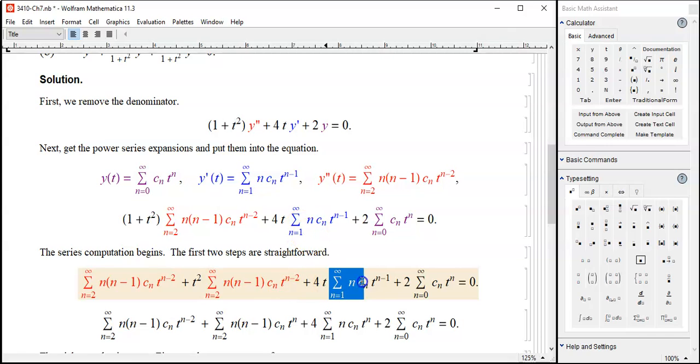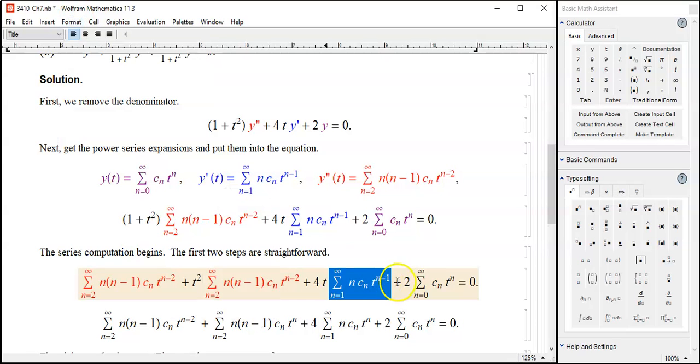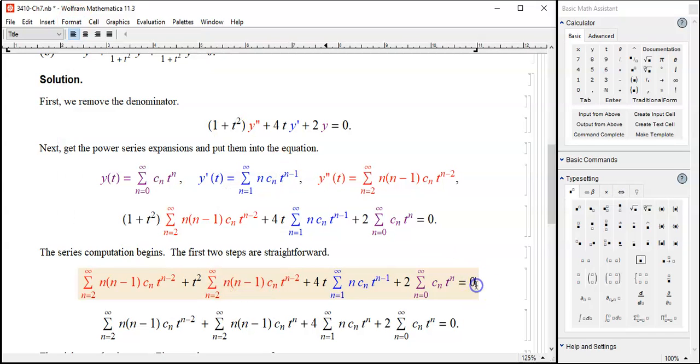And then the next one, just the blue series. And then the purple series, let's just keep them as they are. And then let's work out some further computation with this t squared and t.